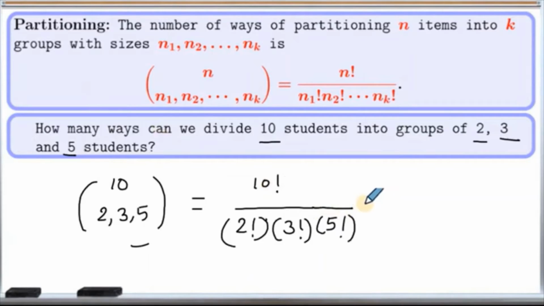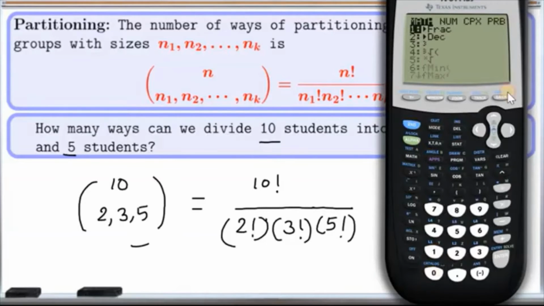Now let me put this in a calculator. Type in 10, go to math, go to probability, come down to number 4, hit enter, then divide, then put parentheses, then we need 2 factorial, so type in 2, go to math, then go to probability, come down to number 4, hit enter, times 3 factorial, times 5 factorial the same way, then close your parenthesis, then hit enter.